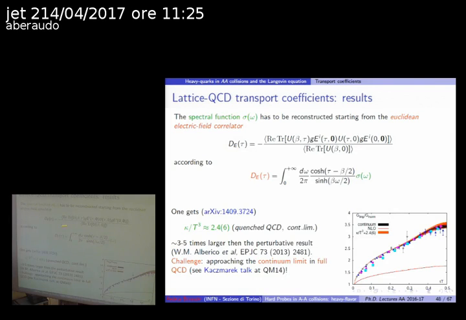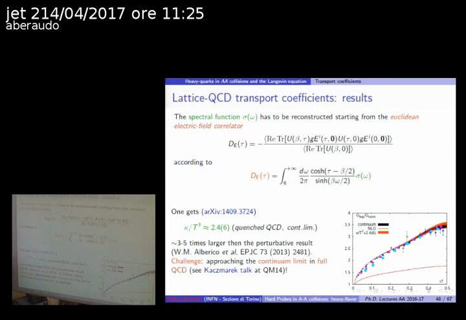So this is this electric field correlator which I must evaluate. This can be evaluated on the lattice, and the relation between this and the spectral density is given by this integration in which there is a convolution over this thermal kernel.